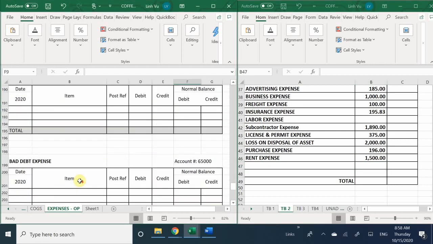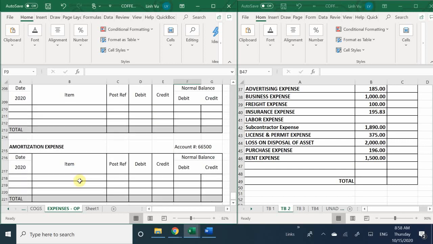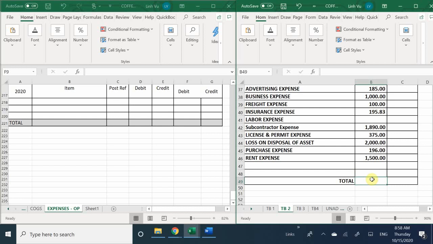No. Utility expenses? No. Bad debt? Depreciation and amortization? We have none. So we finally finished posting all of the accounts into the trial balance. Now all we need to do is do our equal sum here to see if both sides balance.